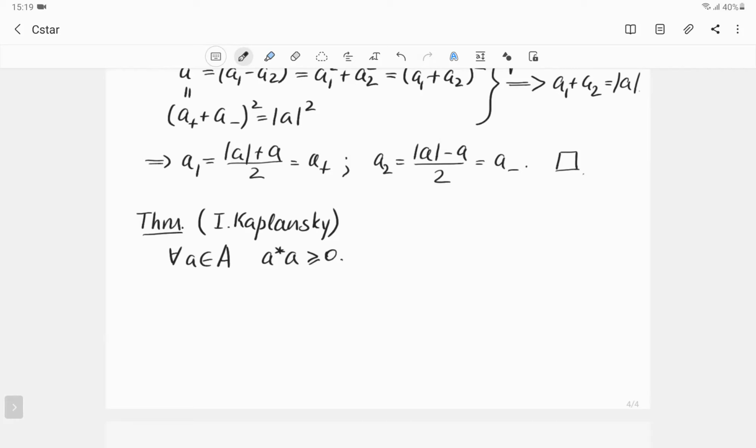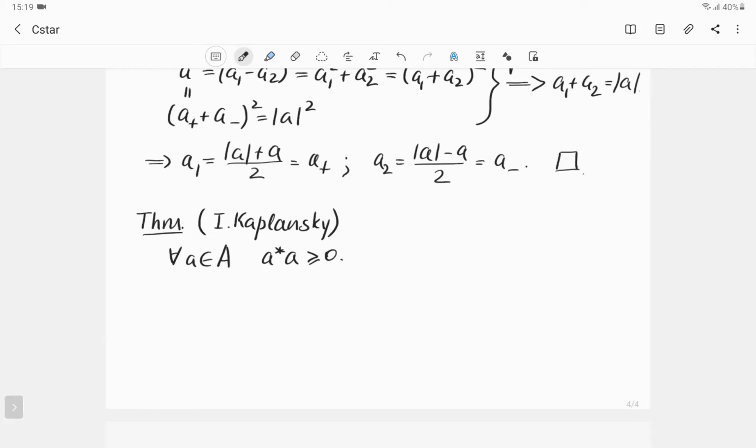Historically, this theorem was not a theorem, but an axiom. It was a part of the definition of a C-star algebra. But it wasn't clear if this axiom is really needed.